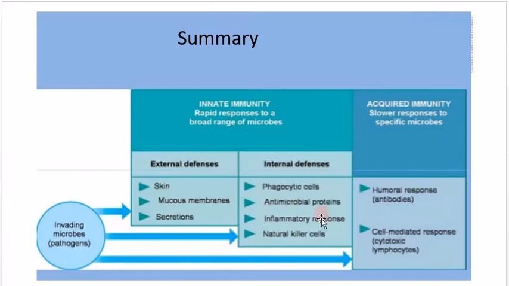However, if they cannot, then it will enter the third layer. In the third layer, it will be acted upon by the humoral response and then the cell mediated response, that is B cells and T cells. The first two layers are innate immunity, and the third layer brings the adaptive immunity.